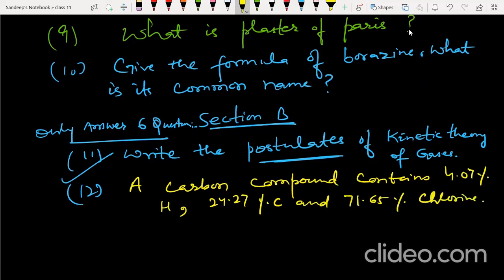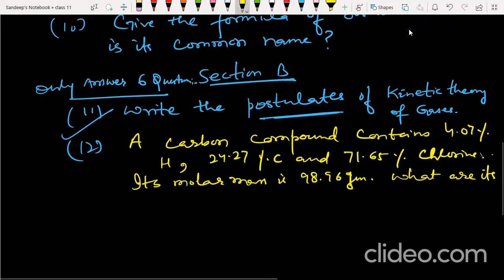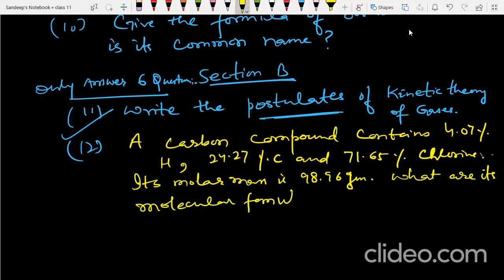Its molar mass is given as 98.96. It's directly from the Telugu Academy book and NCERT book. What are its molecular formula and empirical formula? Both have been asked. So it is a very easy question, you can easily solve it.